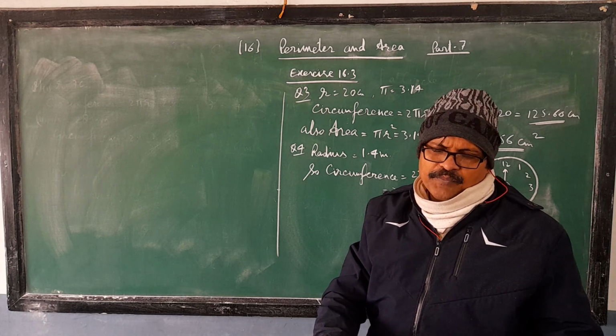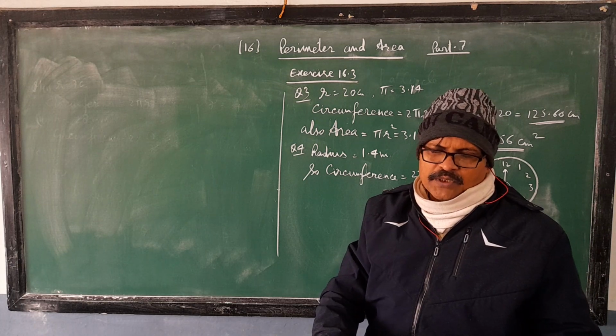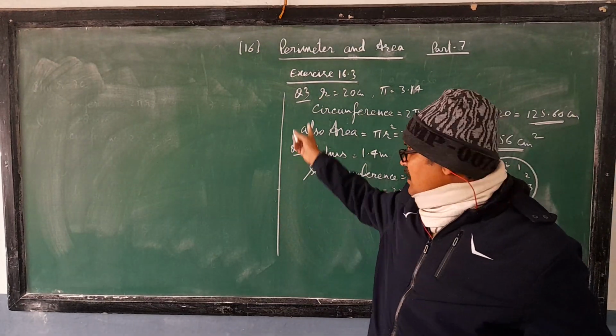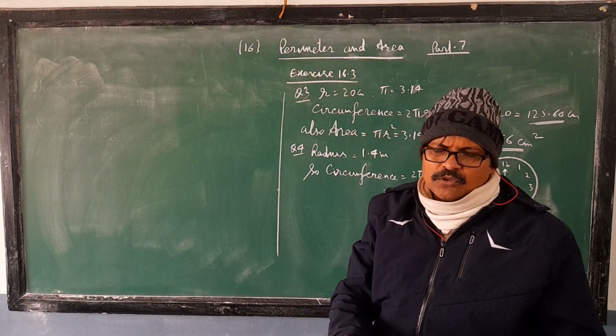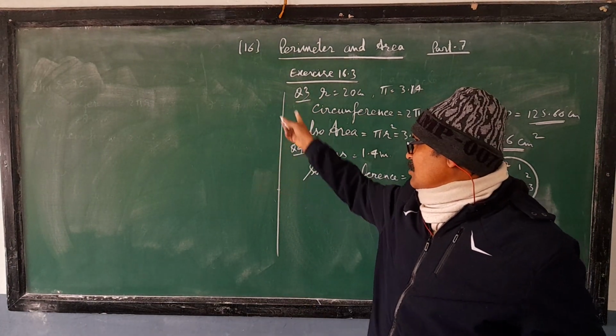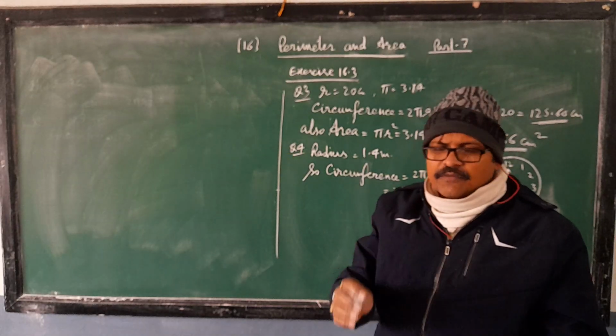The diameter is given. Find the length of rope he needs to purchase. He is fencing along the circumference. If he makes 2 rounds, it means 2 times the circumference. So first he finds the circumference.